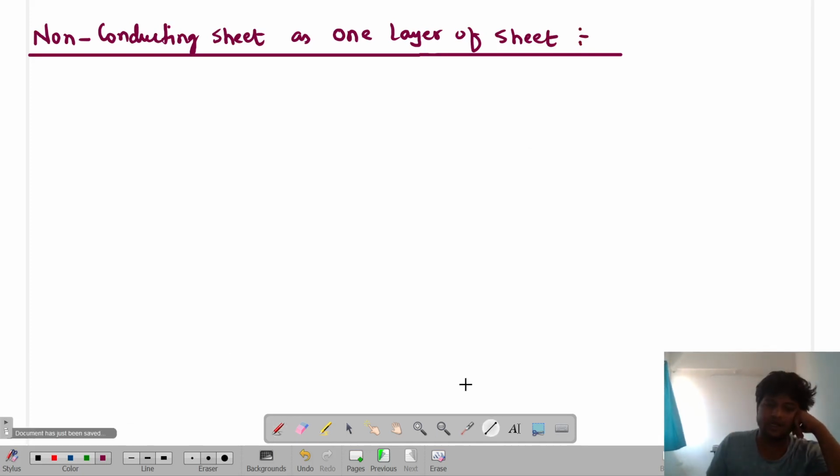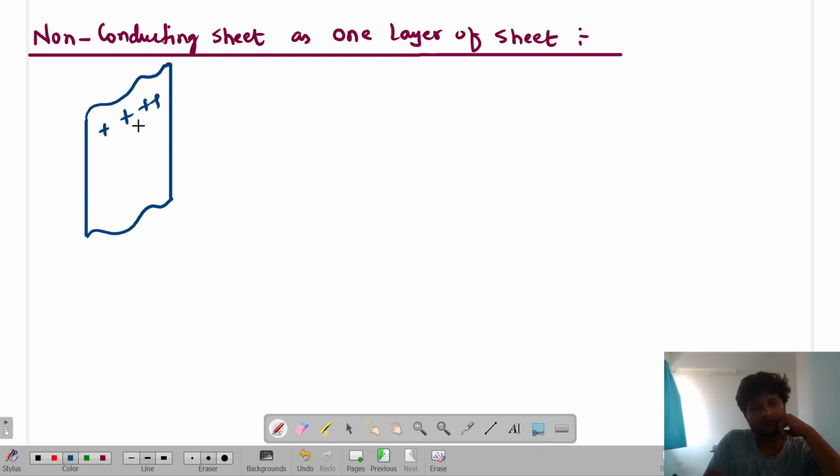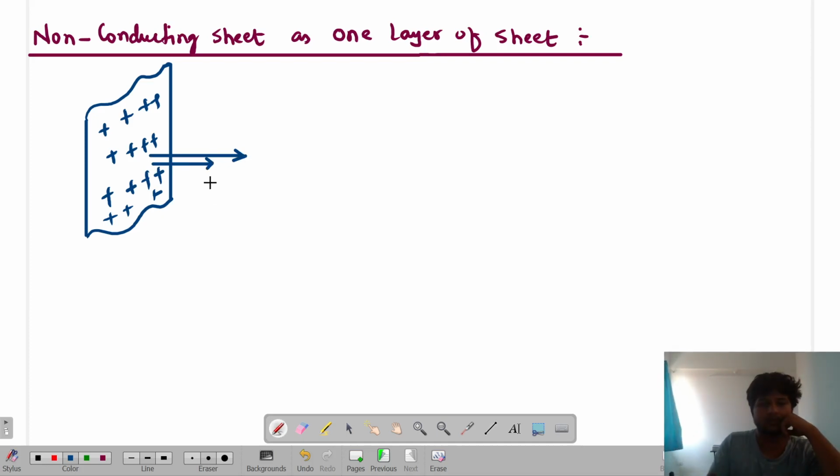So when I have only one layer, then the electric field will be in only one direction, isn't it? Because I can't consider the other direction.